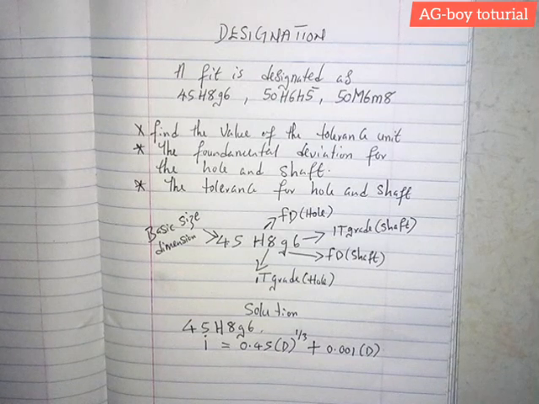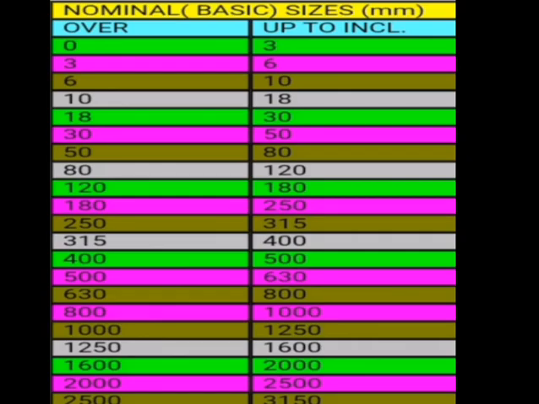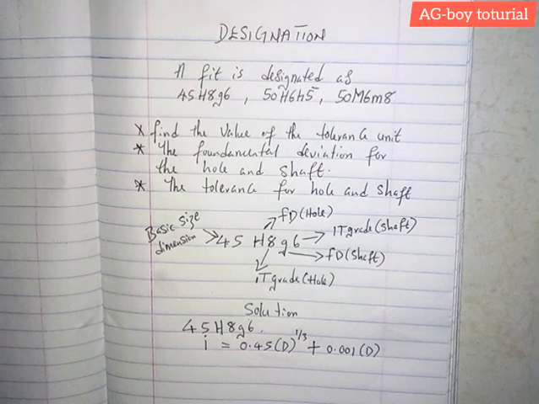Then another thing: if you look at the chart on the screen, you will notice that 45 falls in between 30 to 50. So therefore, we are going to follow the steps one by one. What are you going to do?